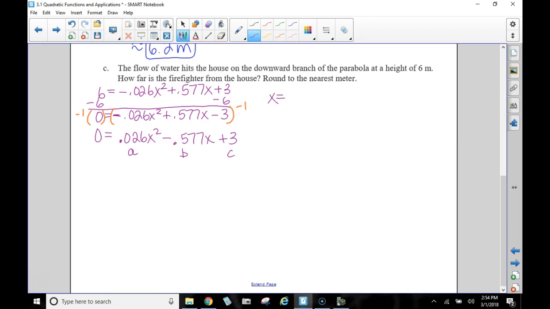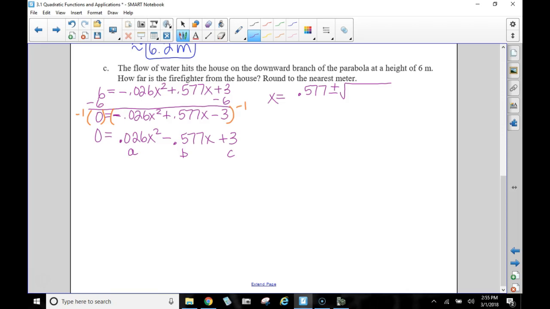X is equal to negative negative 0.577, which is a positive 0.577, plus or minus the square root of negative 0.577 squared.